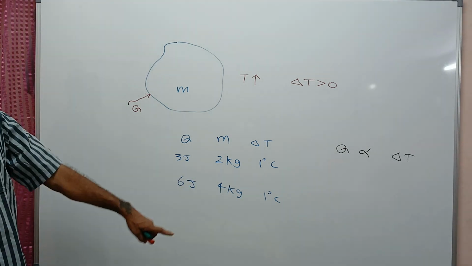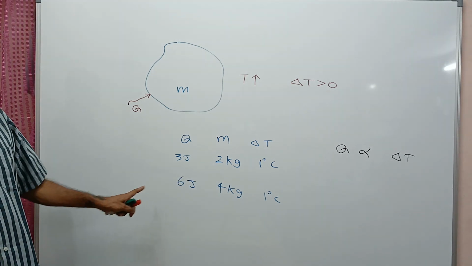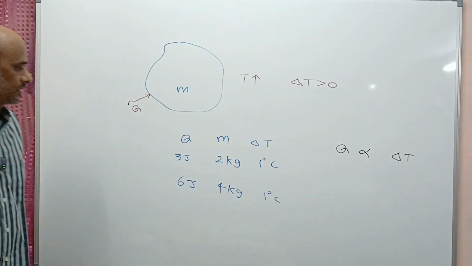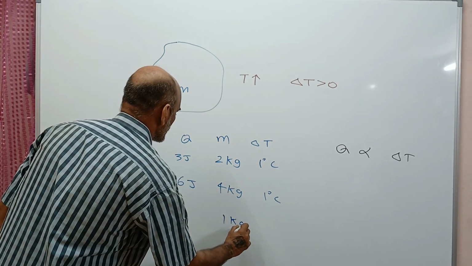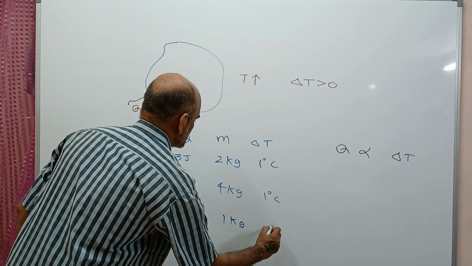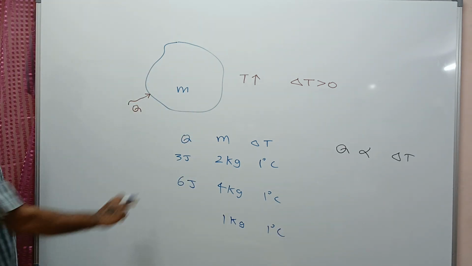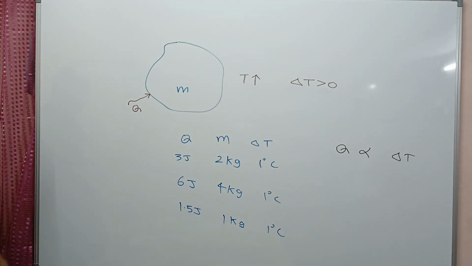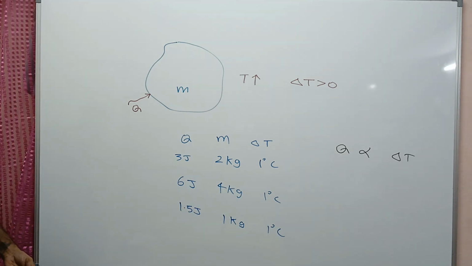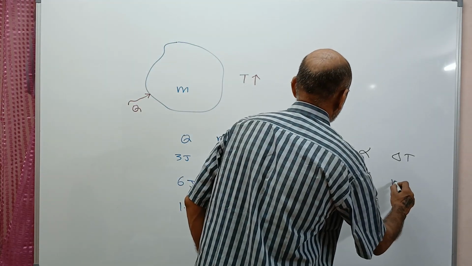For the same temperature rise, since I'm doubling the mass, more heat is required to heat this object by the same delta T. Similarly, if I reduce the mass to 1 kg and the temperature rise is the same 1 degree Celsius, then the amount of heat required will be less, 1.5 joules. So we can also conclude that the heat required is proportional to the mass of the body.